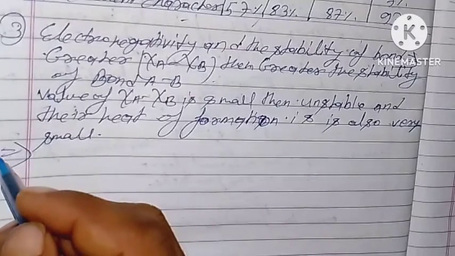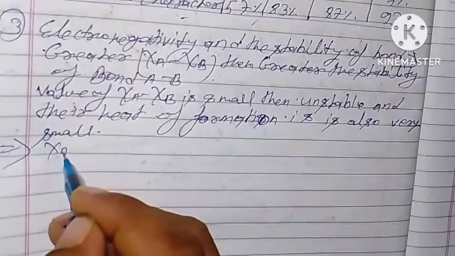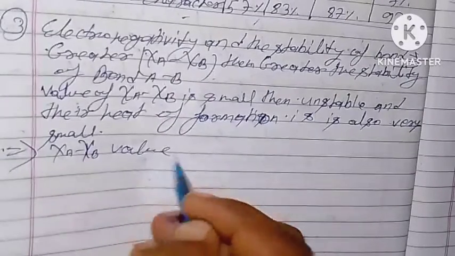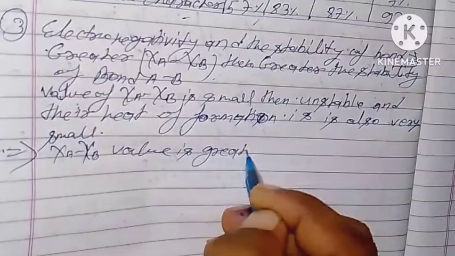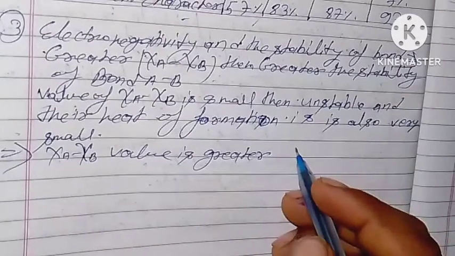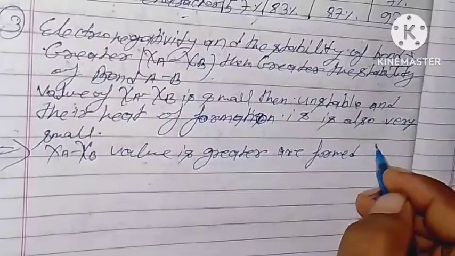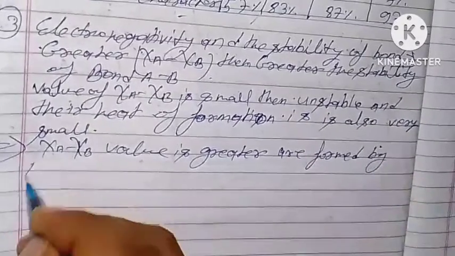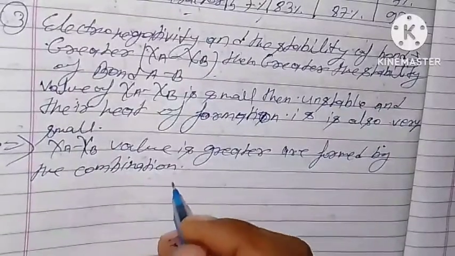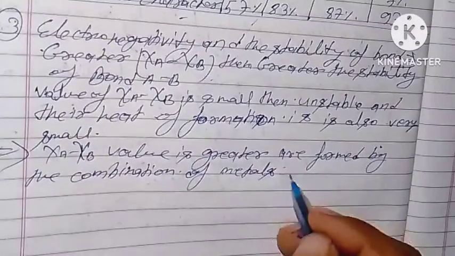And the next point is: compounds in which the chi A minus chi B value is greater are found by the combination of metals and non-metals.